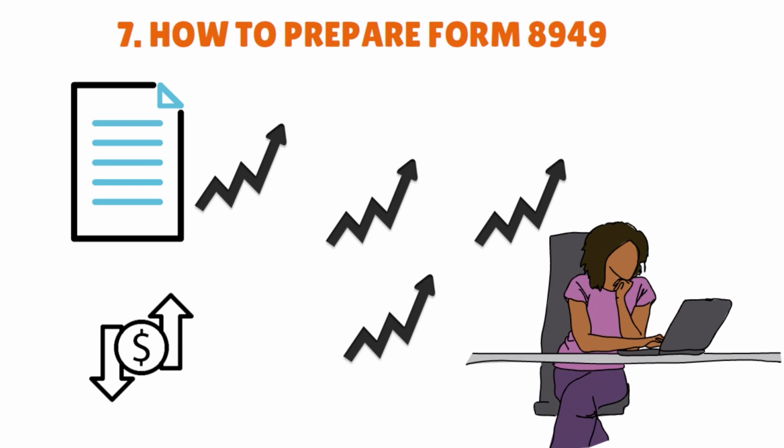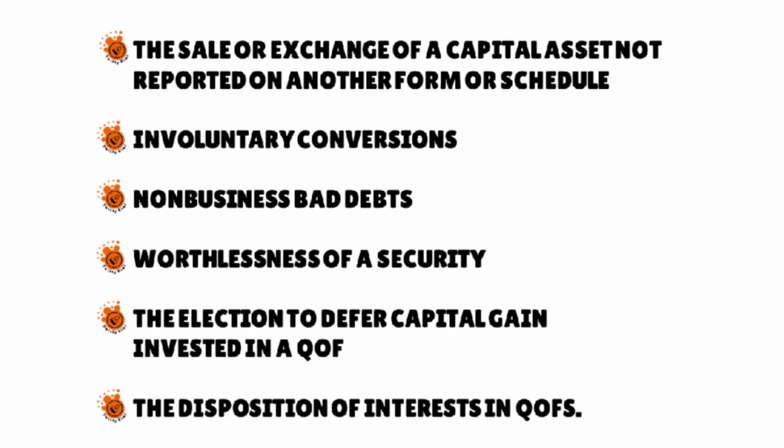Okay, now one thing I want to talk about here is how individuals use Form 8949 and how individuals use Schedule D. So individuals use Form 8949 to report the following. The sale or exchange of a capital asset not reported on another form or schedule.